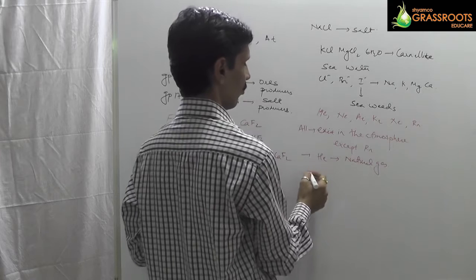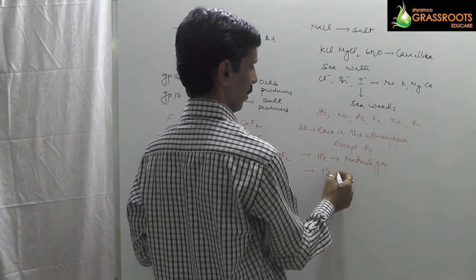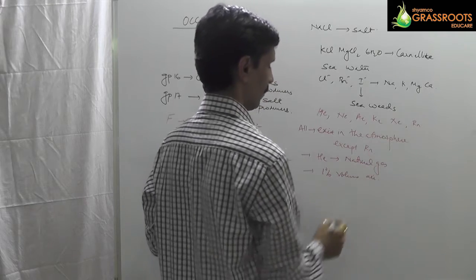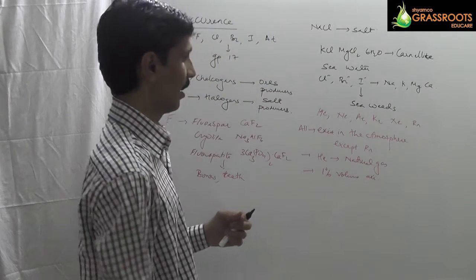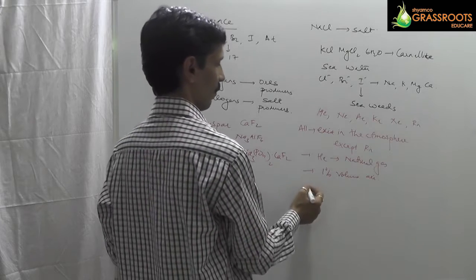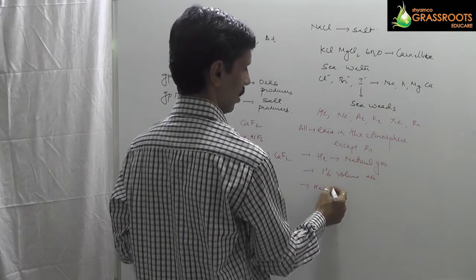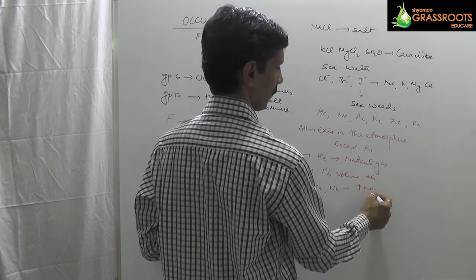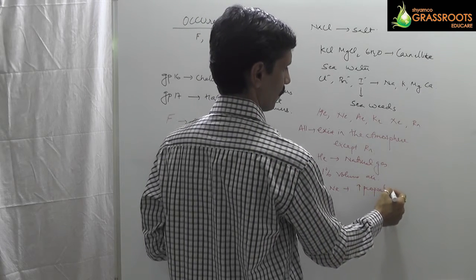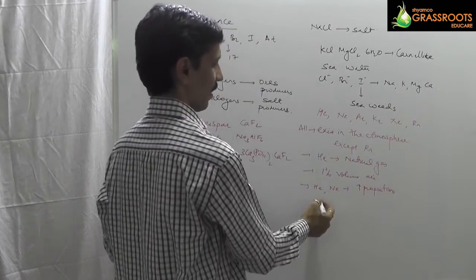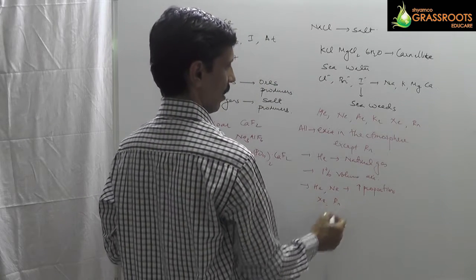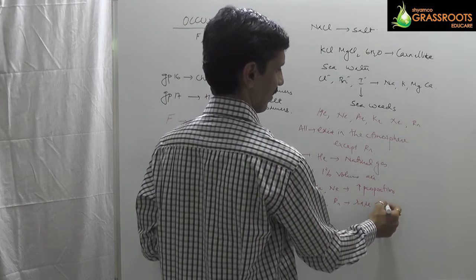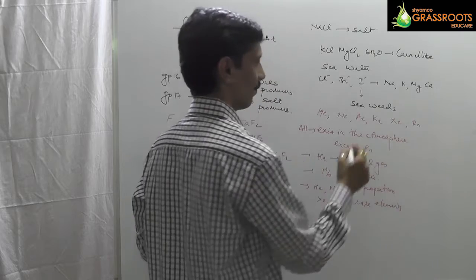All of these normally constitute around 1% of the volume in air. Helium and neon are present in higher proportions. Xenon and radon are the rare elements, meaning their existence is in a lower proportion.